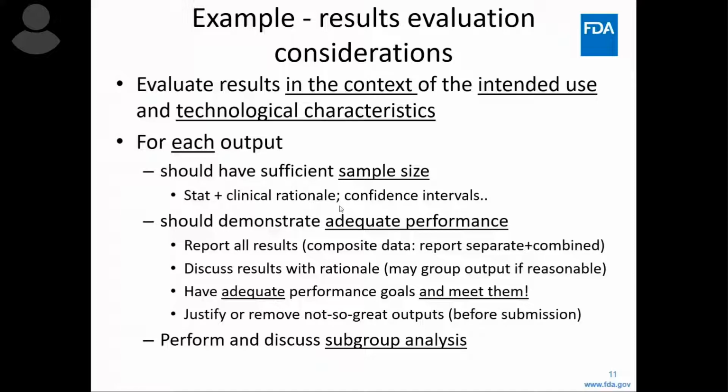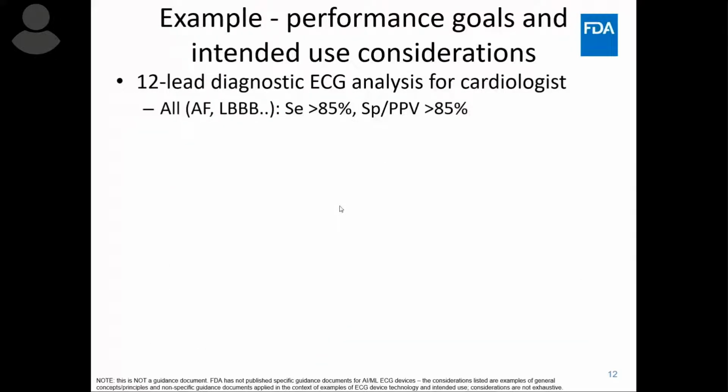So what is an example of how the intended use may impact your performance requirements? I just put some data here. Say that you have a 12-lead diagnostic ECG for cardiologists, then you set a default threshold of 85% for sensitivity, specificity, and PPV. You may want to set a higher threshold like 90% for high-risk conditions like AMI, STEMI, and so forth.